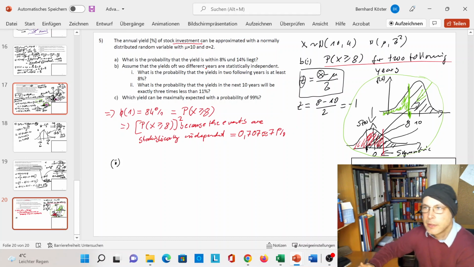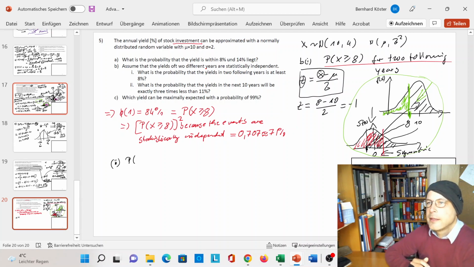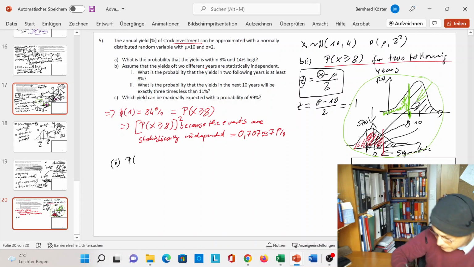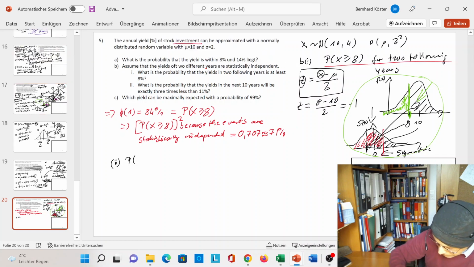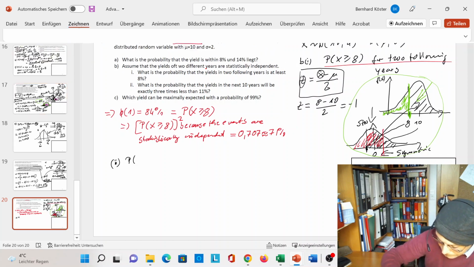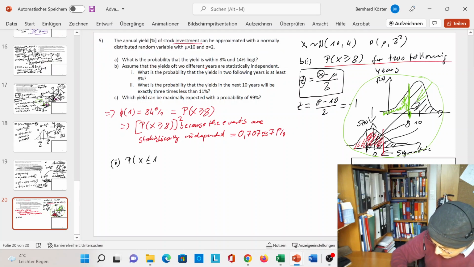Of course, the first question we have to answer is what is the probability of a single event that our yield is less than 11%. So x is less than 11%.